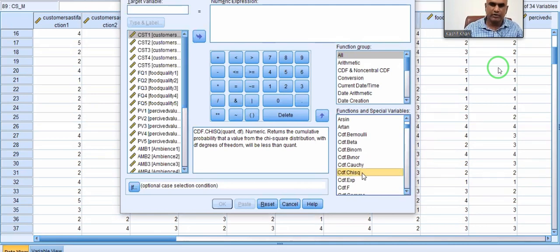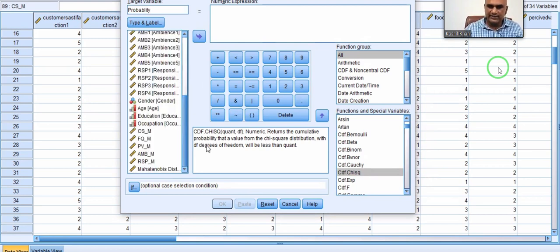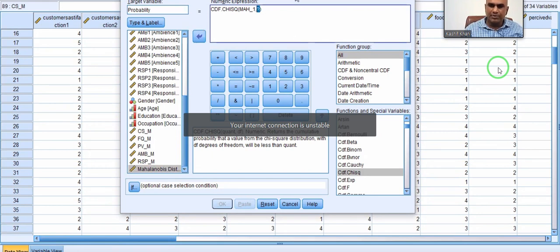Basically, this is chi-square values, and I'm putting here a probability. Let's select this Mahalanobis distance variable. I selected it and it came out here. Now I need to set the degrees of freedom, and we know our number of predictors is 4.